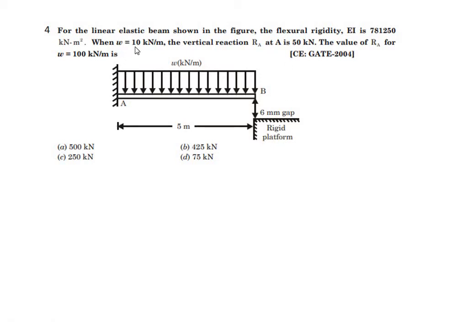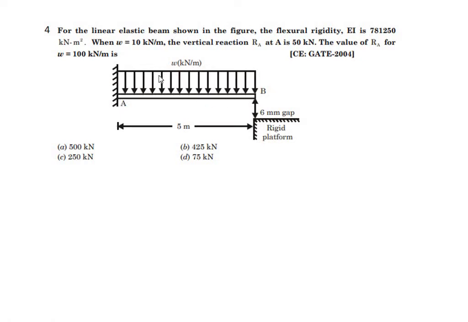In the first case, we have a load of 10 kilonewton per meter over a span of 5 meter. So the total magnitude of the load is 10 into 5, totally 50 kilonewton external loading.